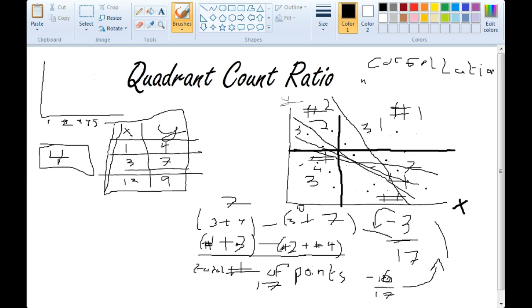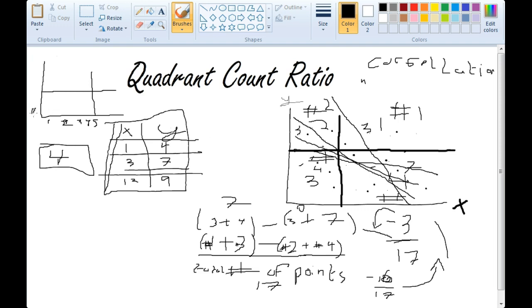So let's just count at 5. And then 4, 7, 9. 4 plus 7 equals 11 plus 9 equals 20. 20 divided by 3 is just under 21.